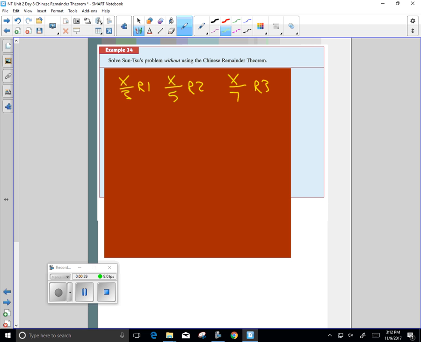The remainder theorem is awesome, but it's not the only way to solve it using mods. What we're going to do is take each of these: X congruent to 1 mod 3, X congruent to 2 mod 5, and X congruent to 3 mod 7.